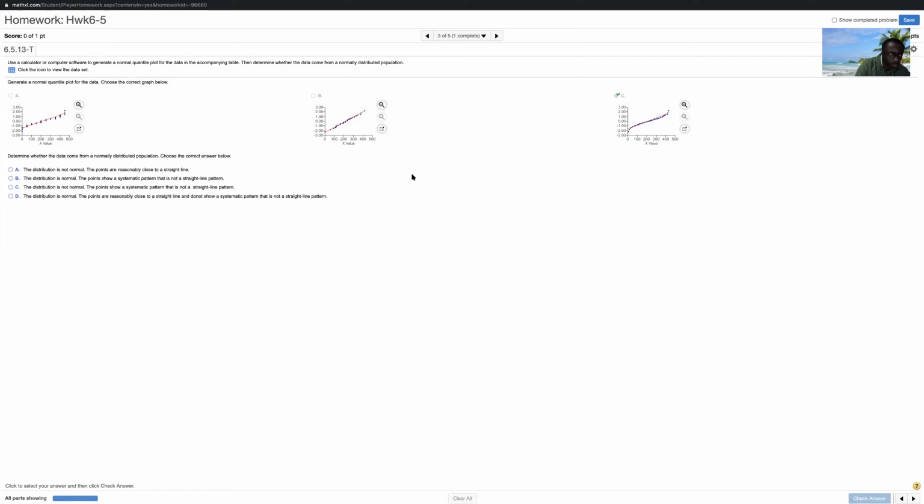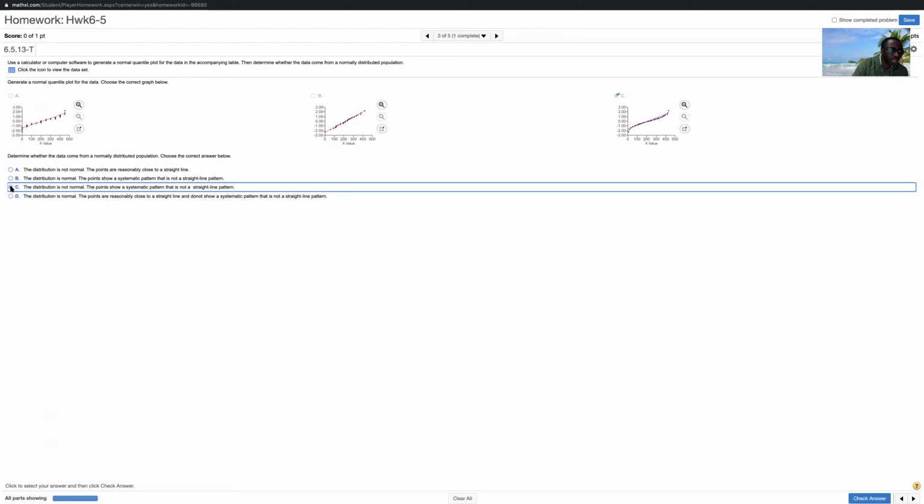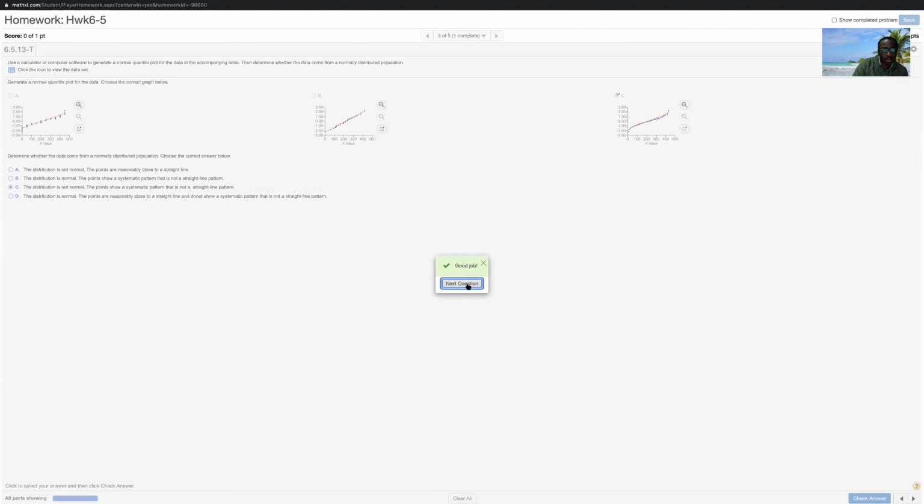That's not true. Another says the distribution is normal because there's a systematic pattern. That's not right either. The distribution is not normal because the points show a systematic pattern that is not a straight line. So the correct answer is C, and that is it.